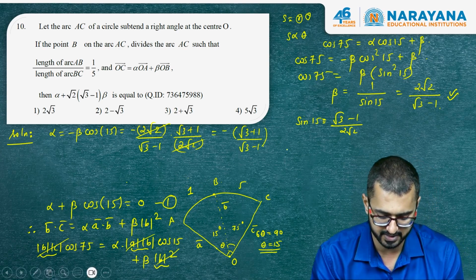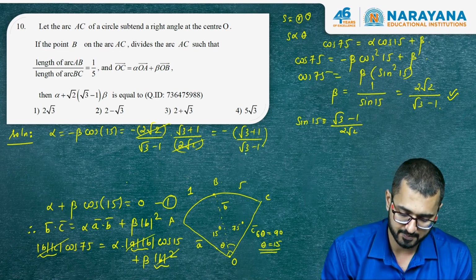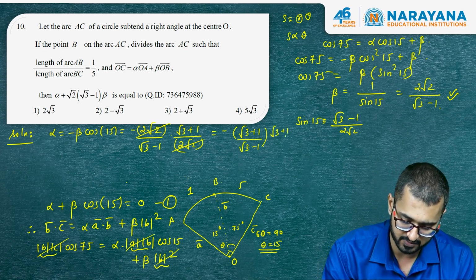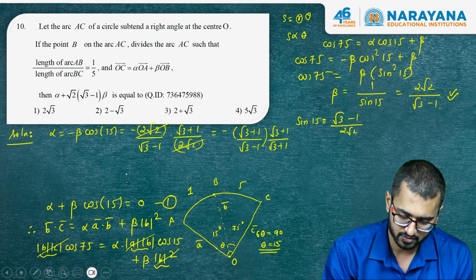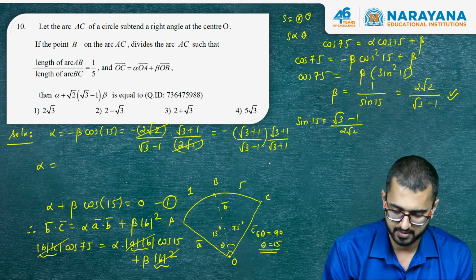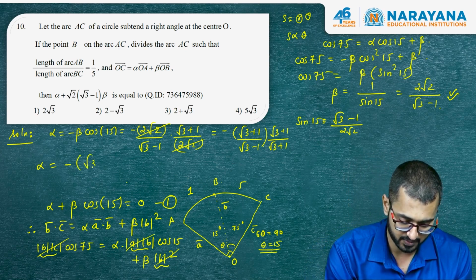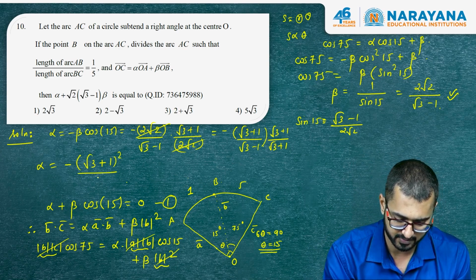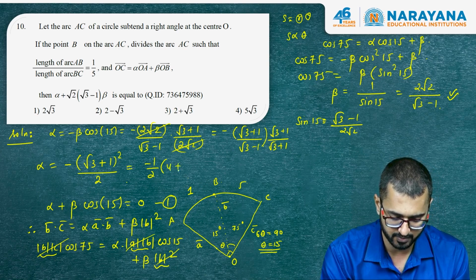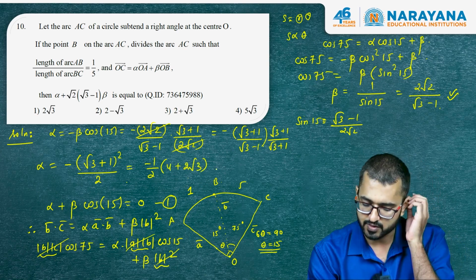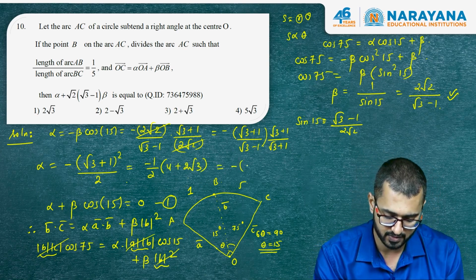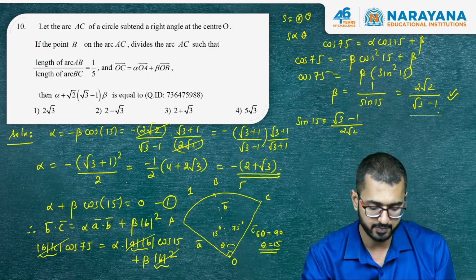This one we can further simplify by multiplying by root 3 plus 1, so that this looks neat. So I'll be having root 3 plus 1 square over 3 minus 1, which is 2. So we can write minus 1 over 2 times 4 plus 2 root 3. This can be further simplified to give minus of 2 plus root 3. So we found alpha and we have found beta.